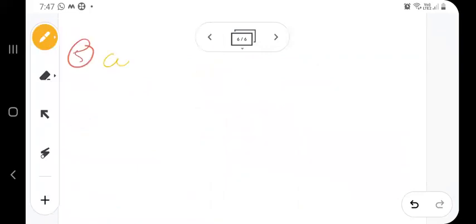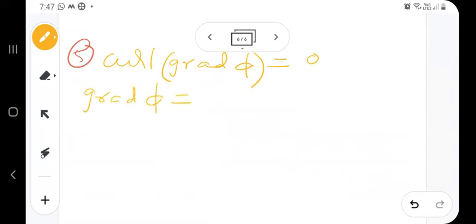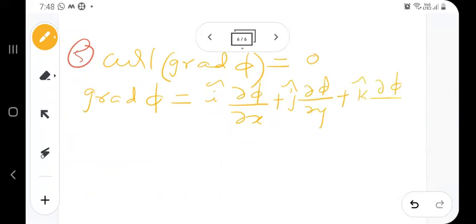Curl grad phi equals 0. Important problem. Curl of grad phi is equal to 0. First, let us write grad phi, where phi is the scalar potential function: i cap dou phi by dou x plus j cap dou phi by dou y plus k cap dou phi by dou z.